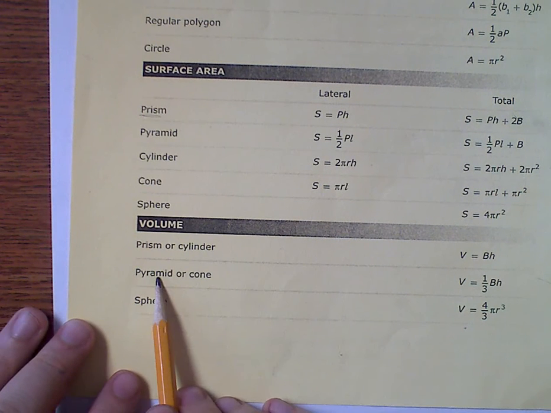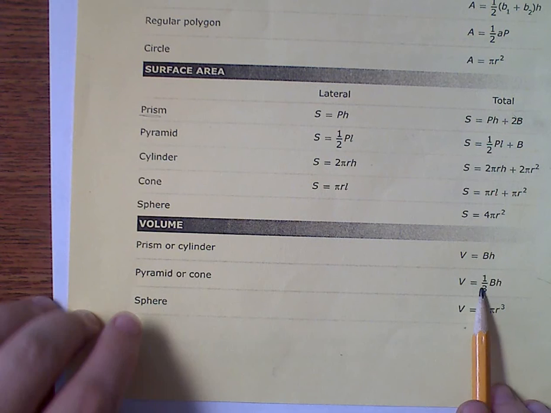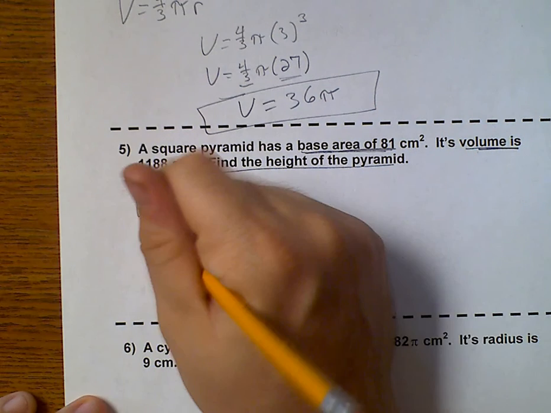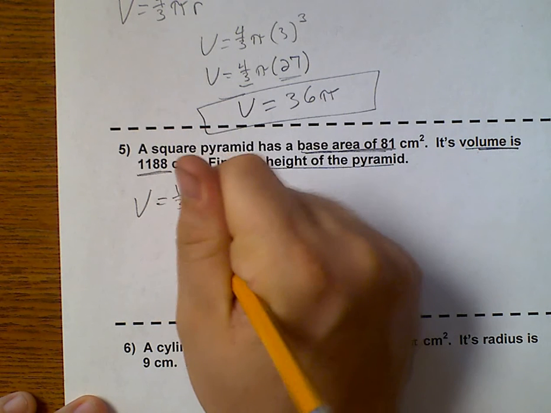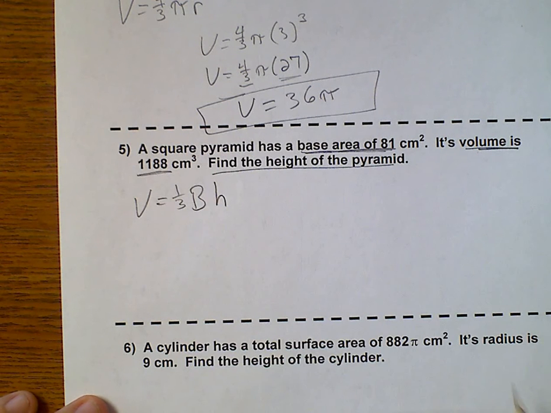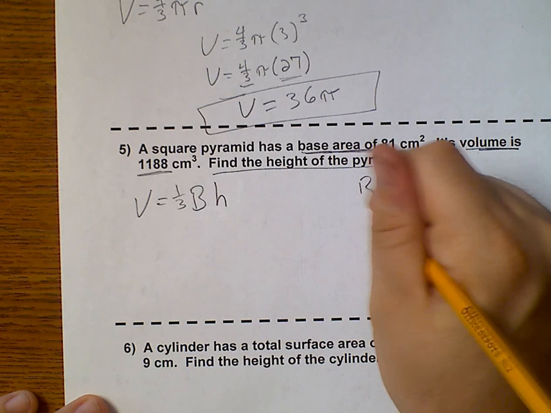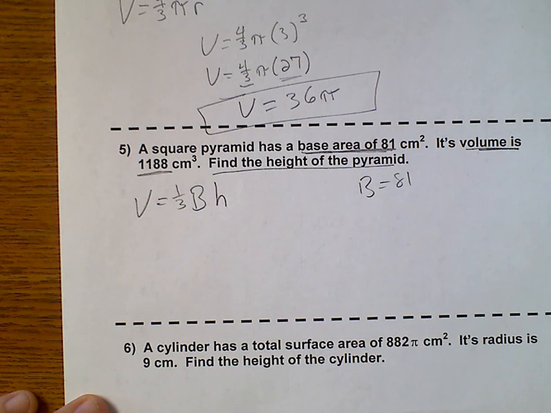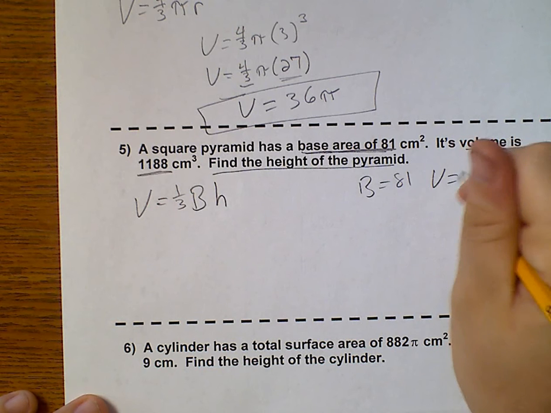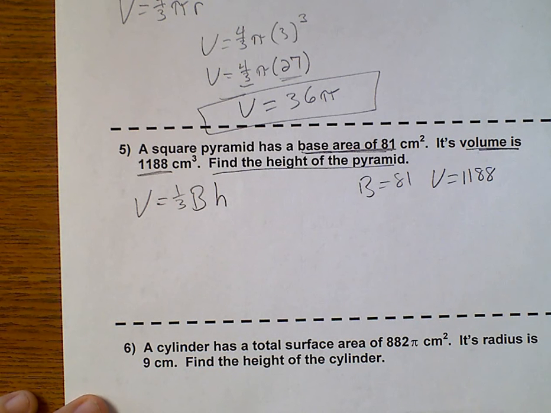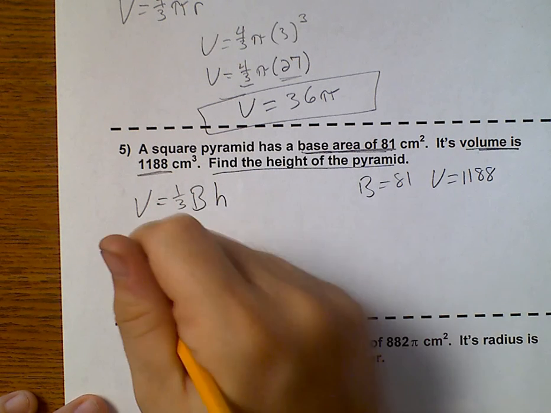The volume of a pyramid is given as 1/3 capital BH. Well, a capital B stands for base area, and so we know that capital B equals 81, and we know that the volume is 1188. Let's go ahead and start plugging things in.